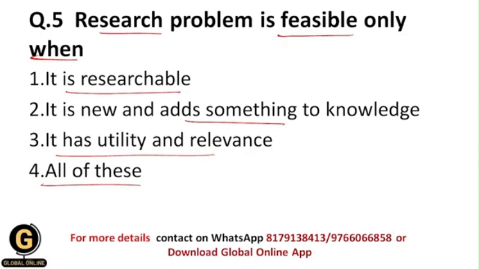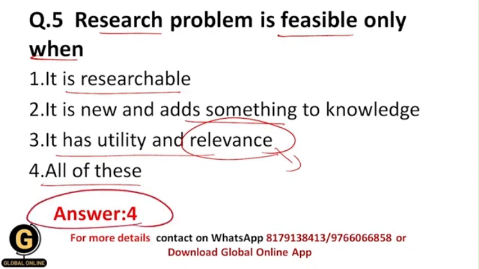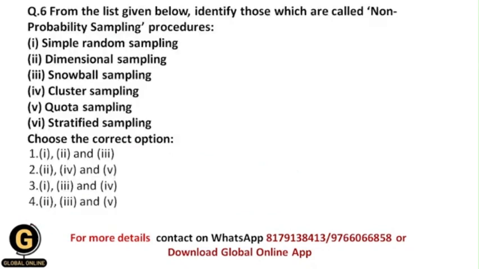Whenever it is researchable, then obviously it will be feasible. Whenever it is new and adds something to knowledge, then obviously it will be feasible. And whenever it has utility and relevance, relevance means relevance to the problems in society, then obviously it will be feasible. And that's why in all of these situations a research problem is feasible, and that's why your correct answer should be 4, that is all of these, okay.